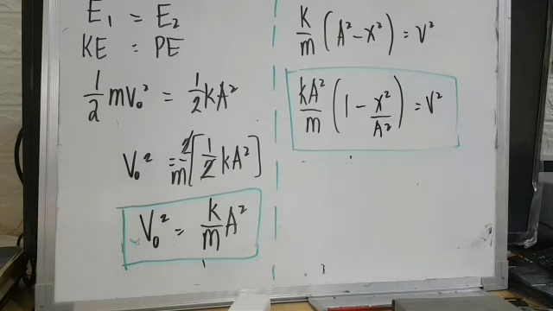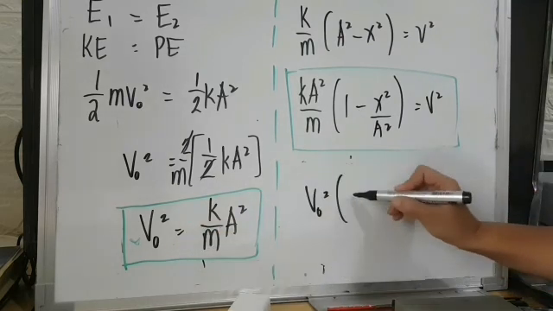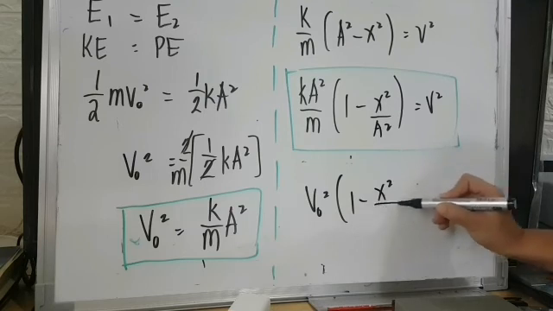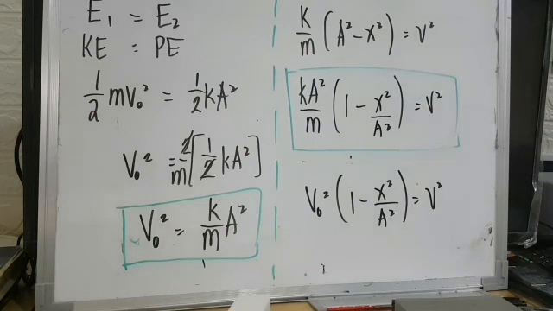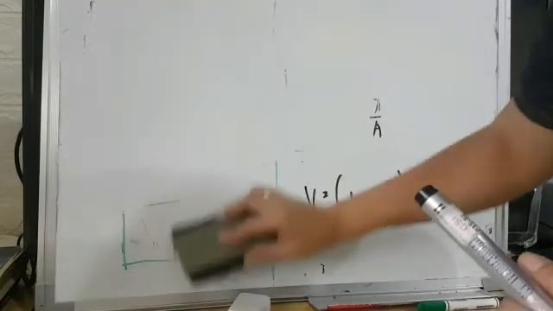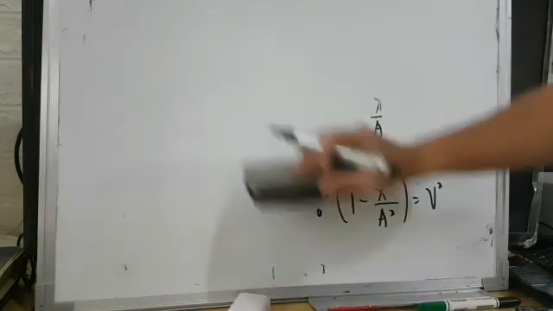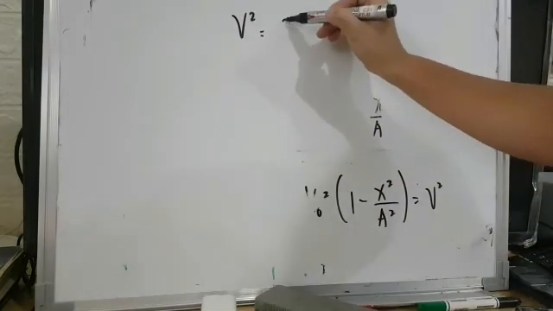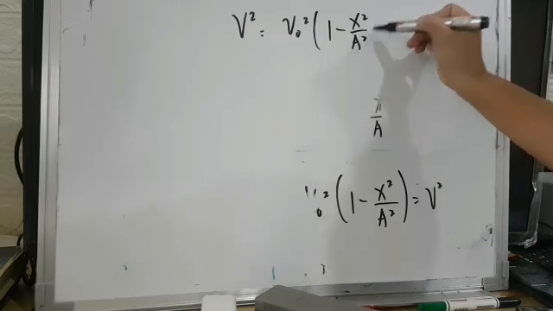So, we have this is equal to this. So, v naught squared times 1 minus x squared over a squared equals the velocity squared. We now have v squared equals v naught squared times 1 minus x squared over a squared.